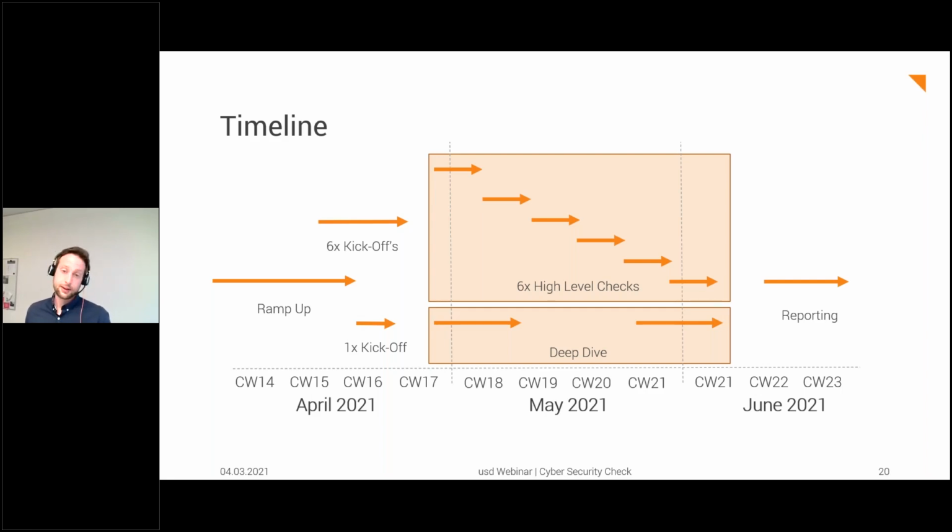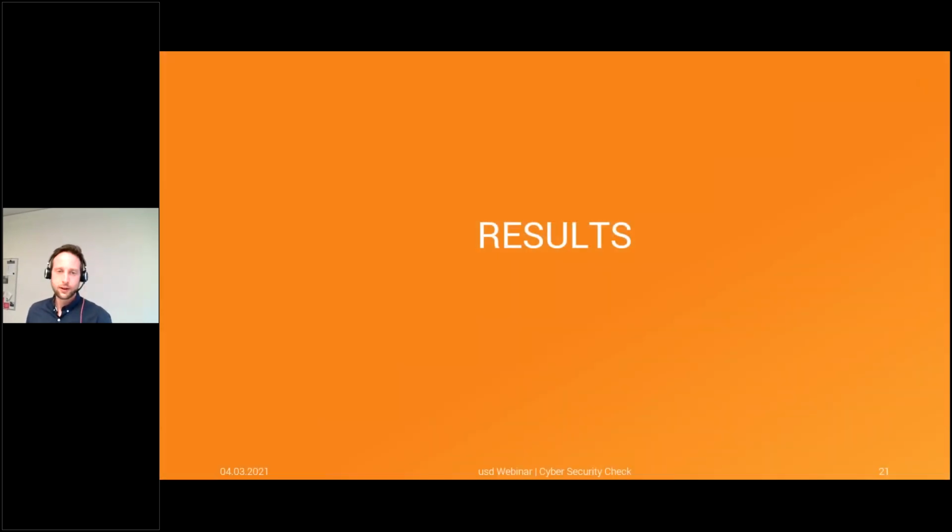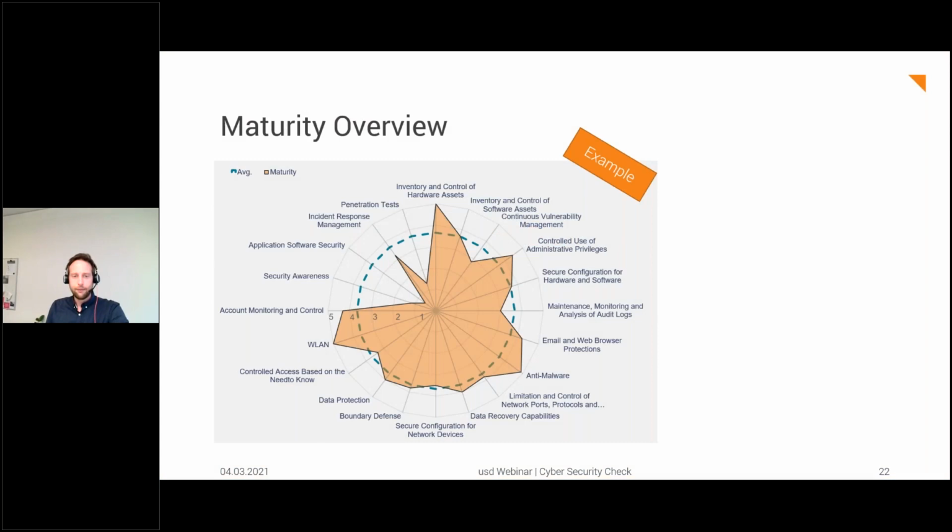So how does that look? If we want to take a look at the results, if we were using the sys controls, we then would have a maturity overview at the end of the day. And within that maturity overview, we could actually see what's being done well and what is not doing so well within that LOB or within that overall organization.